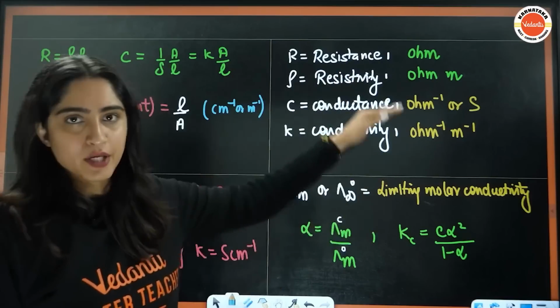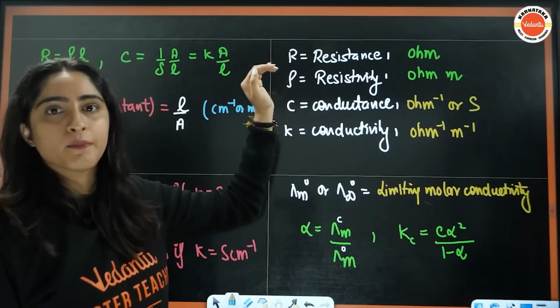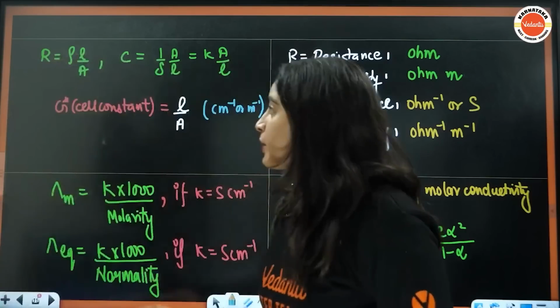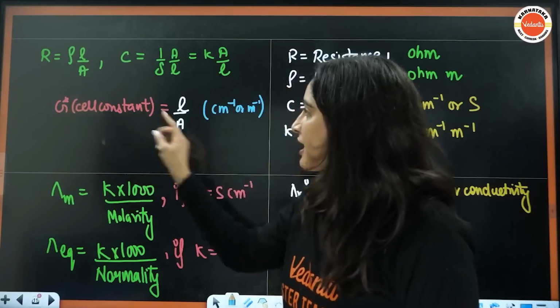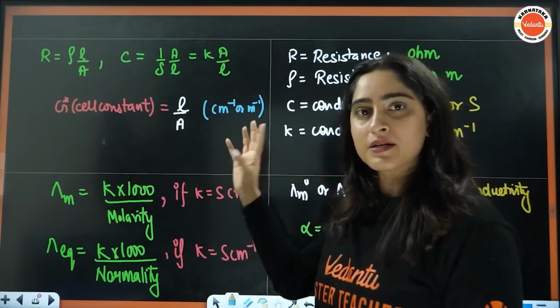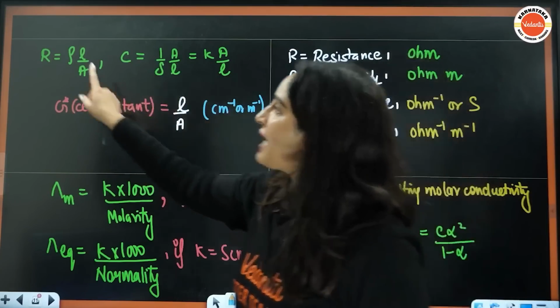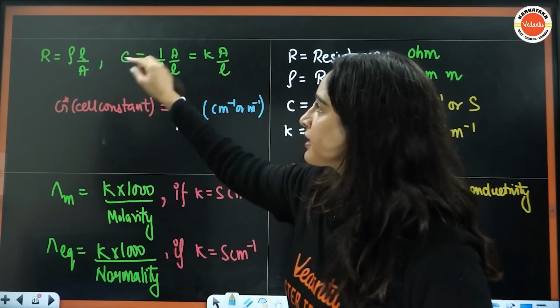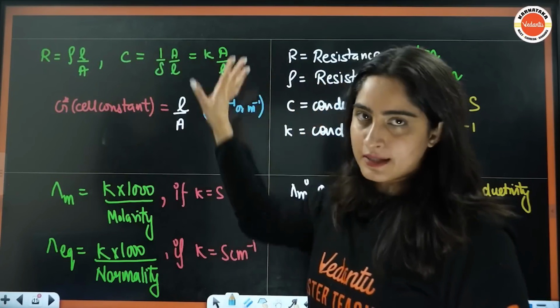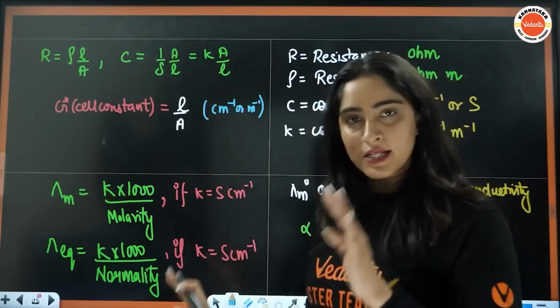So these are the units of these particular terms, right? Next we have the cell constant, represented by G star, and that is l by A. Units can be per centimeter or per meter, and R is related to resistivity in this case. Conductance is related to conductivity in this case. So these formulas are very important.